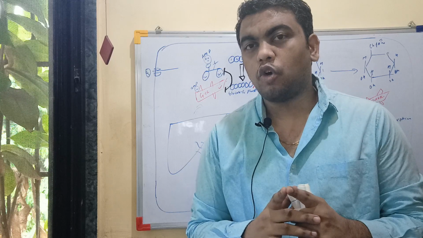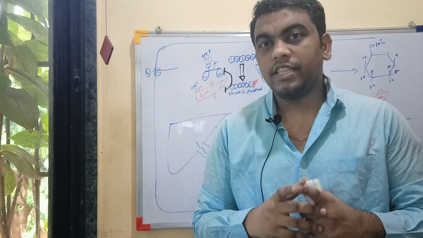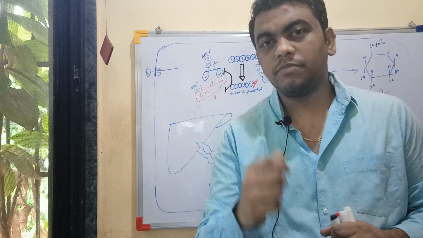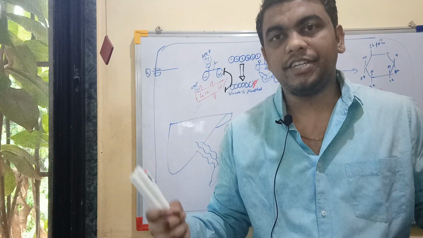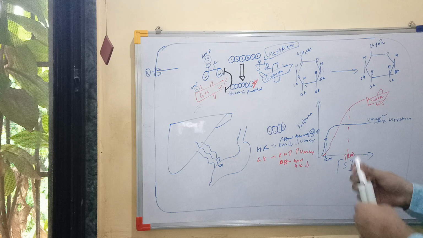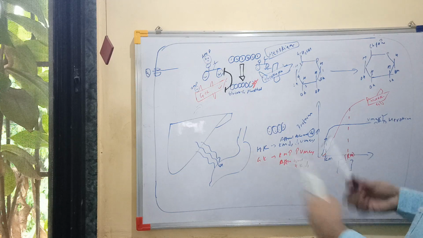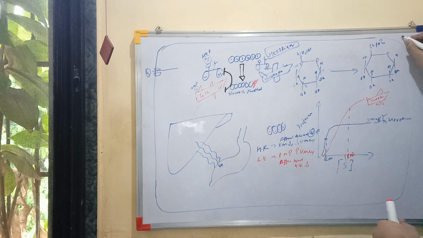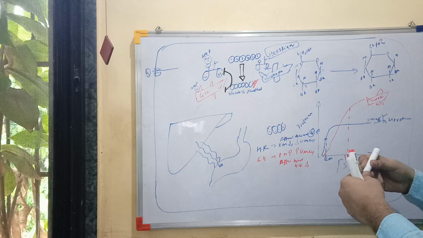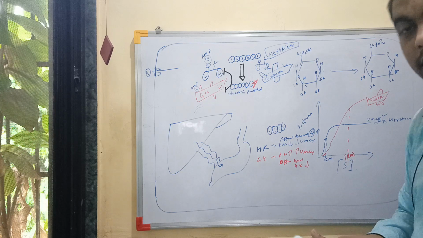If the blood glucose concentration is very less, there is a hormone which comes and gets activated. This hormone is present in your pancreas. Which is the hormone in the pancreas?